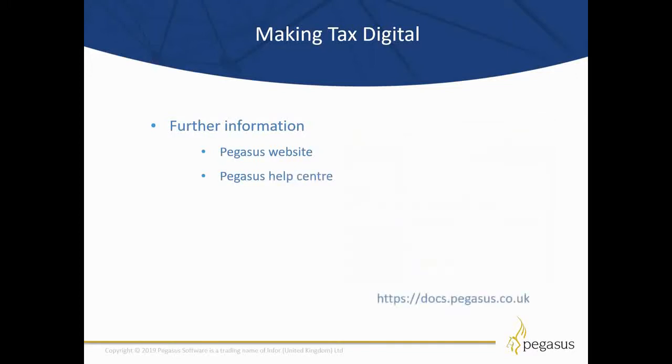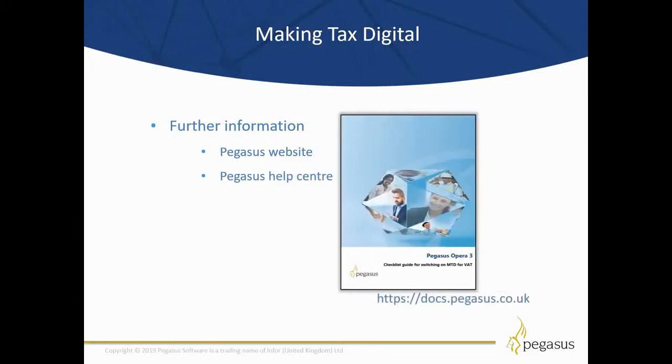On the Pegasus Help Centre, there are a number of documents designed to help you. We've created an MTD for VAT checklist guide. This guide will take you through the whole of the process of setting up your system to operate under MTD VAT. What are the prerequisites? Then it will take you through the options to activate your account for MTD on the HMRC website. Authorization to allow Opera 3 to communicate with that account.